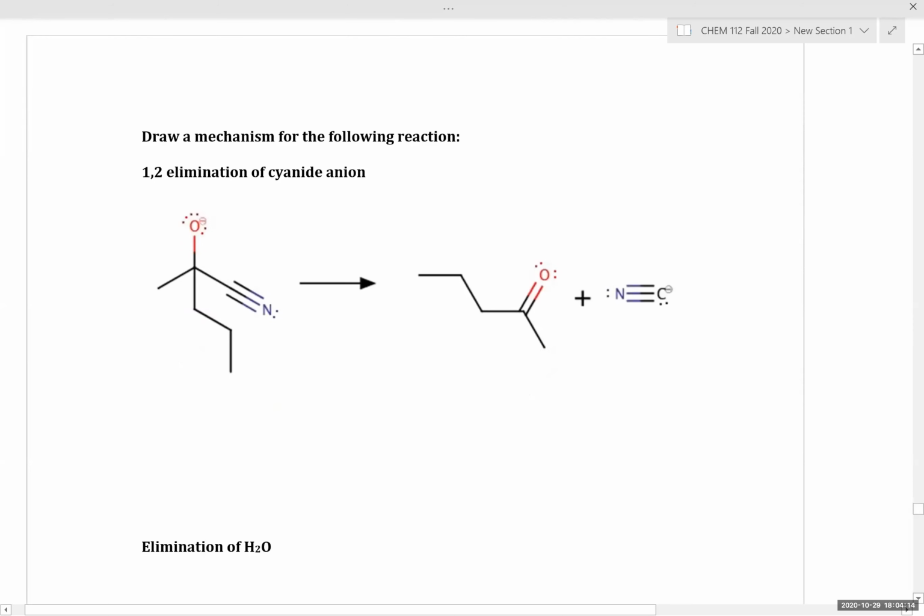Okay, so now that we've seen some common reaction mechanism types, let's practice drawing arrow pushing notation for each of these mechanisms. So I'd like us to work on trying to draw the mechanism for 1,2 elimination of the cyanide anion. So let's take about 2 to 3 minutes and try to use the annotate tool to draw the arrow pushing mechanism for this following reaction.